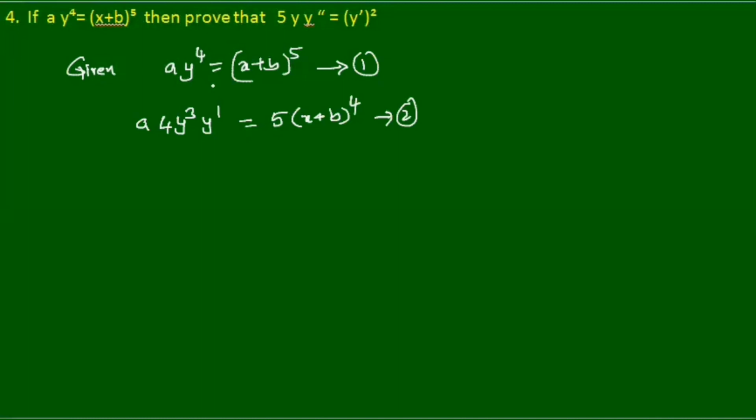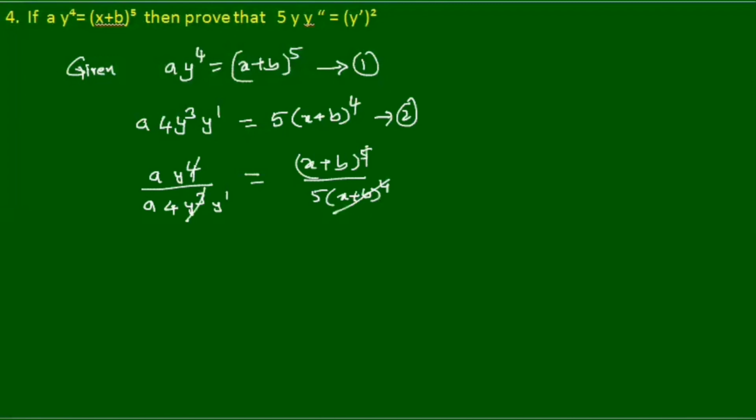Equation 1 by 2, that is a y to the power of 4 by a 4 y cubed y dash is equal to x plus b whole to the power of 5 by 5 into x plus b whole to the power of 4. Here 4 gets cancelled, 5 gets cancelled, y cubed gets cancelled, a gets cancelled. So y by y dash, taking the 5 to this side, 4 to that side, 5y dash is equal to 4x plus 4b.